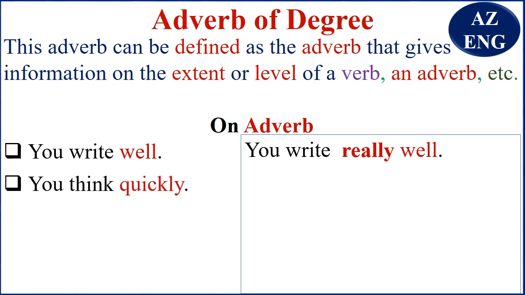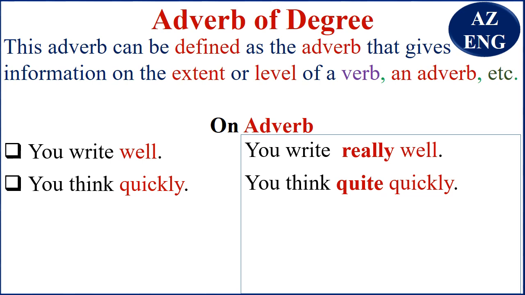You think quickly. You pronoun, think verb, quickly adverb. So now I'm going to have an example that has an adverb of degree that modifies the adverb quickly. So for example, you think quite quickly.